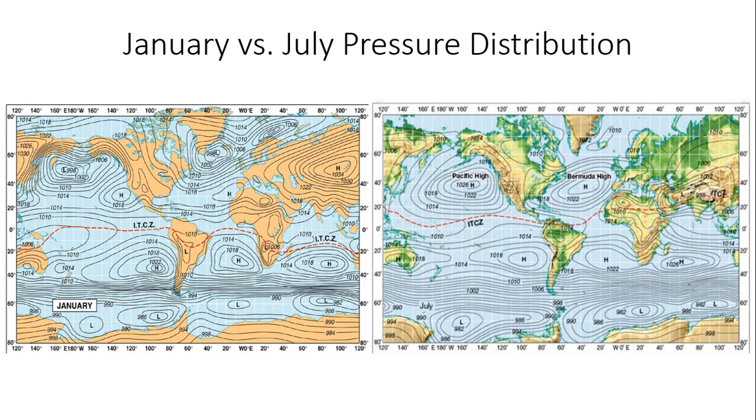Now, I wanted to break this down even further and show you a January pressure distribution on the left and a July pressure distribution on the right. You'll notice in January the areas of lower pressure up towards the Gulf of Alaska or the Aleutian Islands are much more intense, as well as the Icelandic low between Greenland and Iceland, when we have a much larger temperature contrast and a more energetic jet stream.